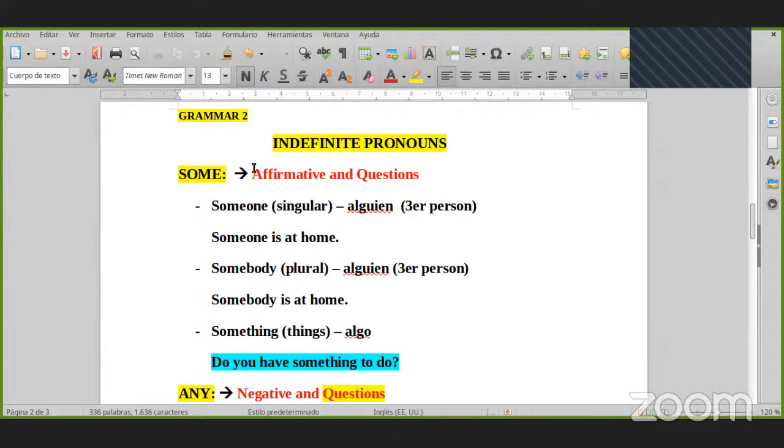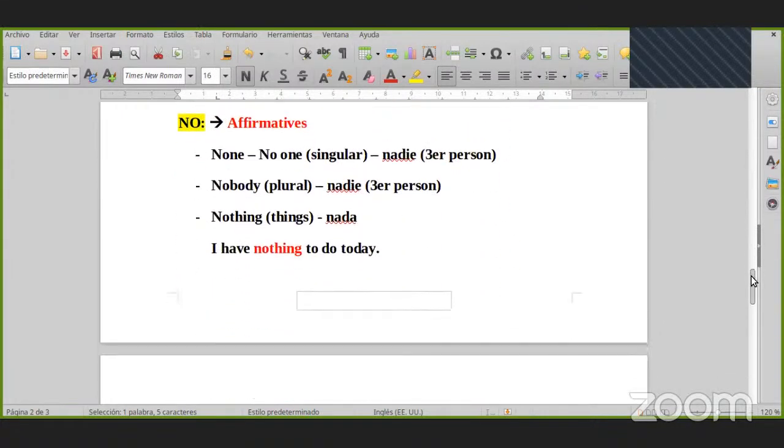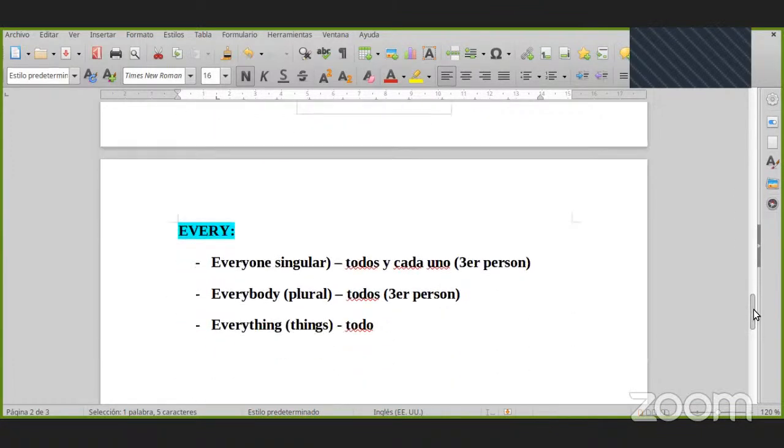In the indefinite pronouns, we have four special words. The first one is some. The second is any. The third one is no. And the fourth one is every.